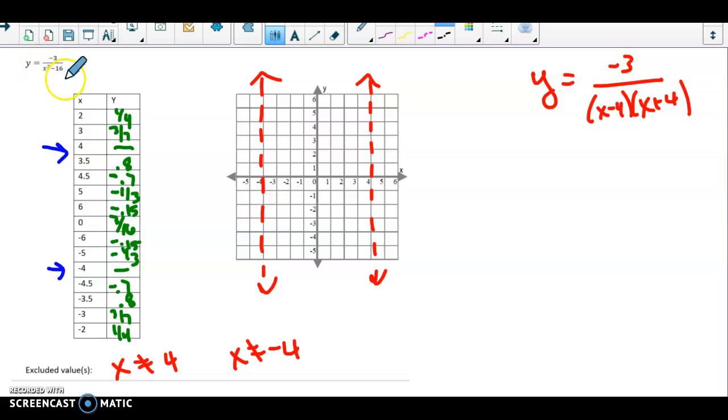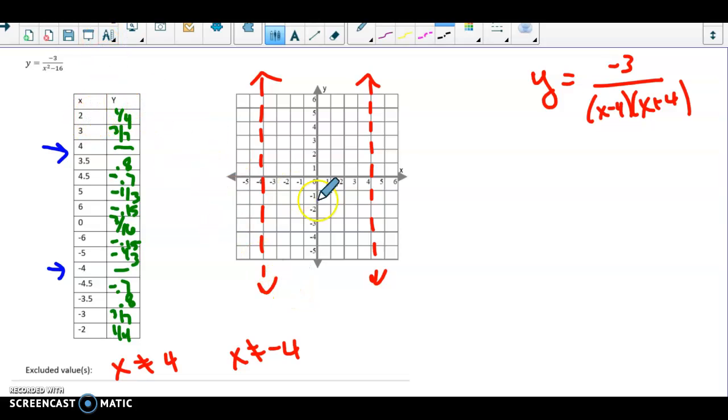If I factor x squared minus 16 into (x minus 4)(x plus 4), it's easy to see that 4 and -4 are what's going to give me 0 in the denominator. Or you just notice it here: 4 squared is 16, 16 minus 16 is 0. Can't have 0 in the denominator. Also, since I'm squaring x, whatever I got for 3, I got for -3 as well. Whatever I got for 5, I got the same thing for -5. So that was kind of good.